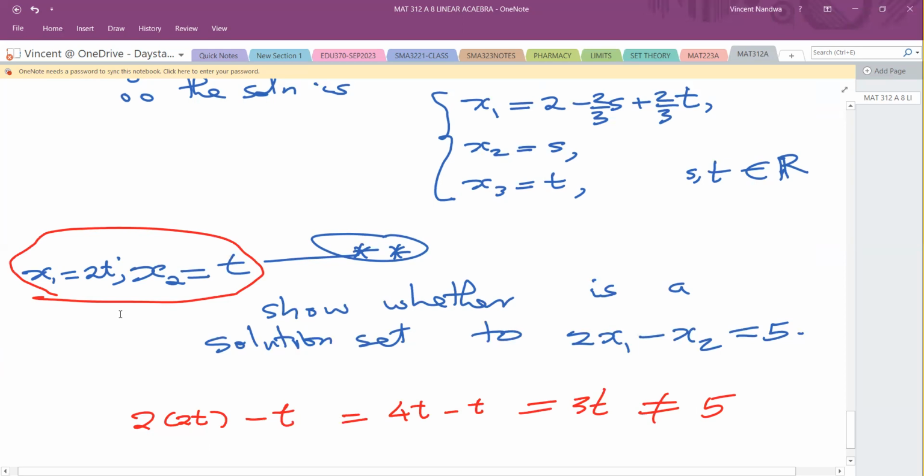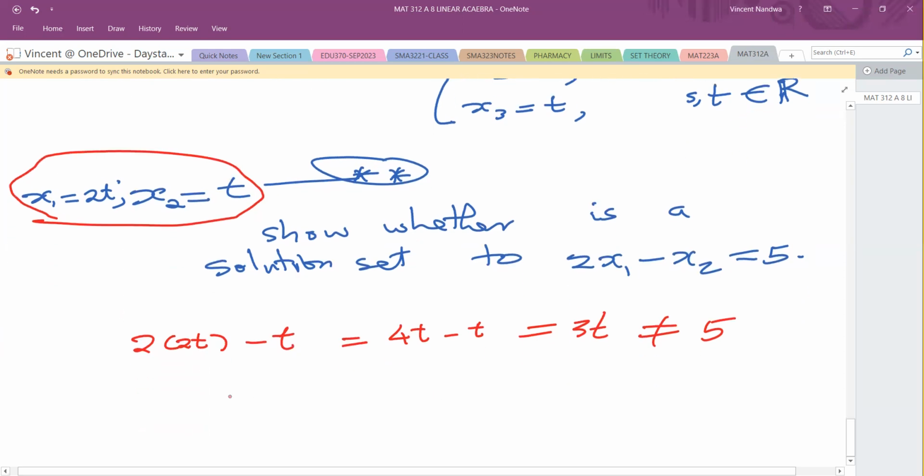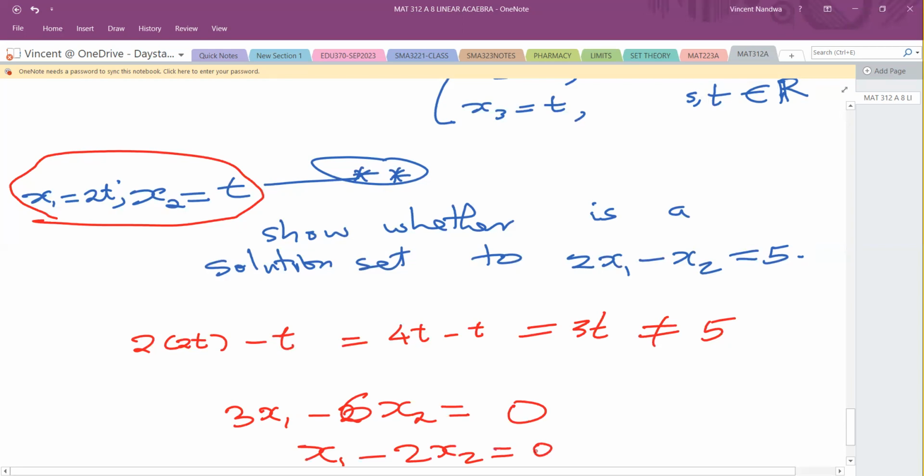But assuming we had, for the same set, 3x1 minus 6x2 equals 0. Let's say x1 minus 2x2 equals 0.